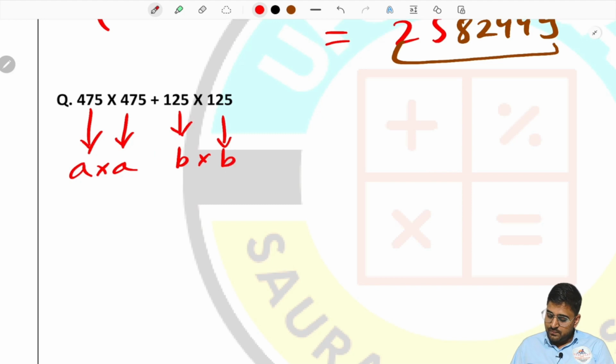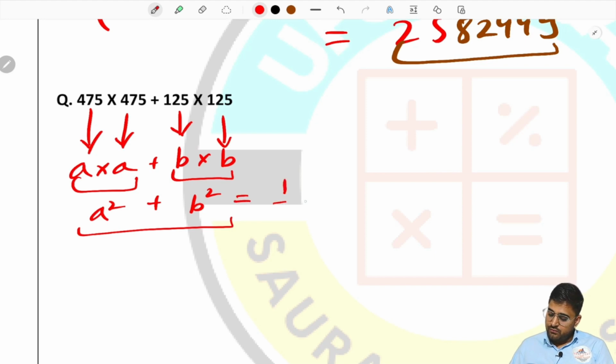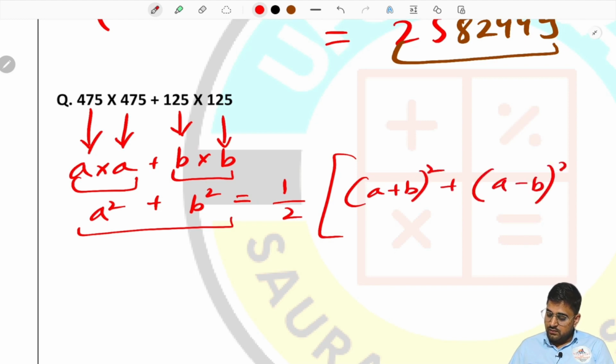Okay, it becomes a square, it becomes b square. When I saw a square and b square, I know that it's a property of 1 by 2: a plus b square plus a minus b square.